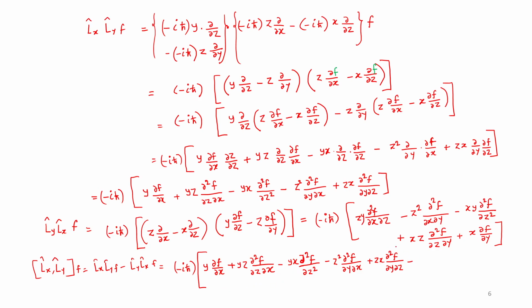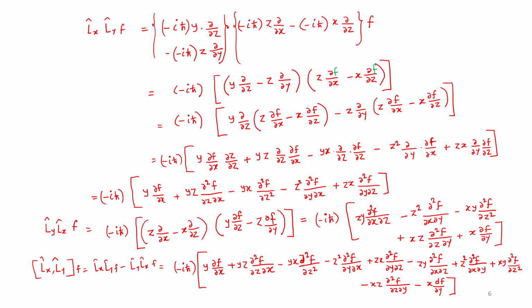So minus zy ∂²f/∂x∂z, then plus, because minus of minus is plus, z² ∂²f/∂x∂y plus xy ∂²f/∂z², and then minus xz ∂²f/∂z∂y minus x ∂f/∂y.